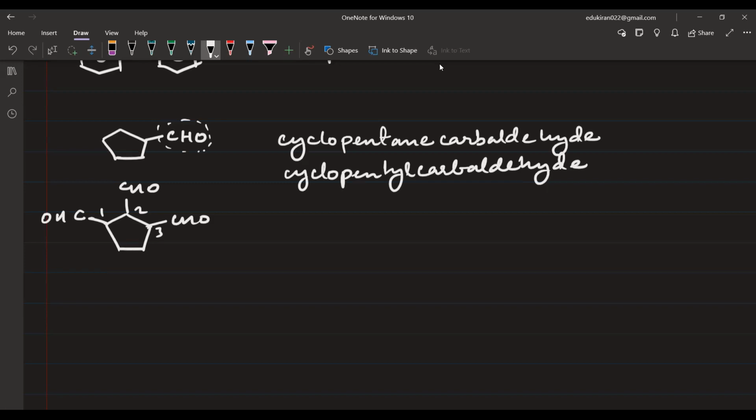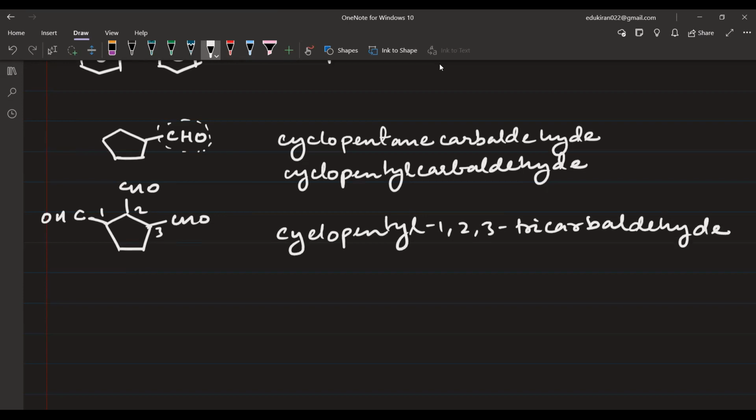How will you write it? You have 3 carbaldehydes, so you can write it like this: cyclopentyl 1, 2, 3 tricarbaldehyde. Okay, this is important. This is a question in NCERT, which perhaps you would never have been able to do.